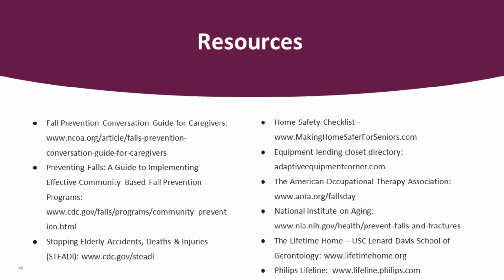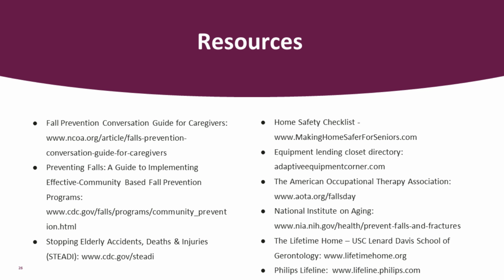That home safety checklist that I mentioned is on our website, you can find it at makinghomesaferforseniors.com. Also, if a person is in need of some equipment like a walker or wheelchair or shower bench, and maybe they don't have the financial means to purchase, or maybe they want to get something used, a lot of communities have equipment lending closets, but a lot of people just don't know about them.